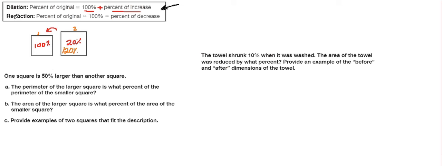And if you want to reduce, you take the original and then you subtract the percent of decrease. As in if I have a towel and it shrinks by 10%, all right? So I've got a towel here. And the new towel is actually smaller.